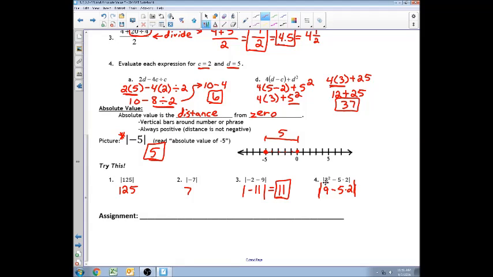I want to go ahead and take the negative 5 times the 2. So my absolute value would be 9 minus 10. What is 9 minus 10? That is negative 1. The absolute value of negative 1 is actually 1. So that would be our final answer for that absolute value problem.